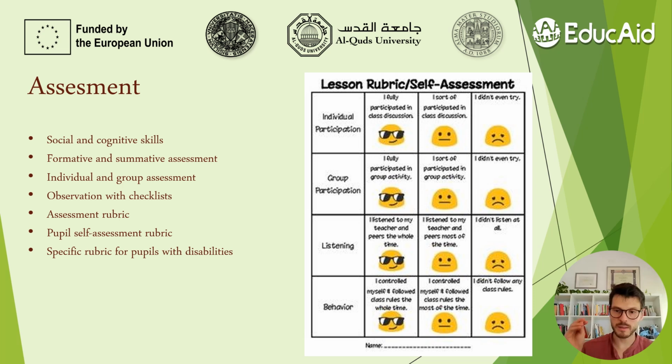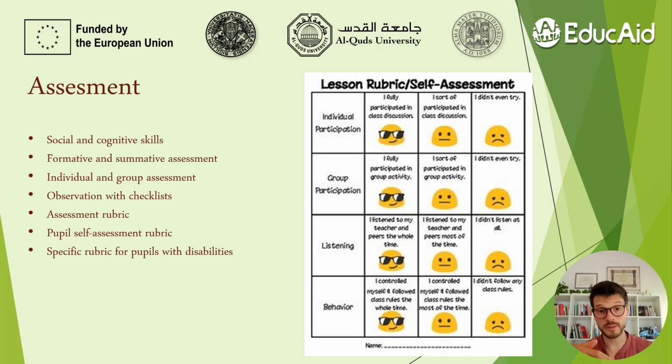So in this way, students can express their own participation and can reflect also on their engagement during the activity. In this case, the assessment is of social and cognitive skills that must be exercised.